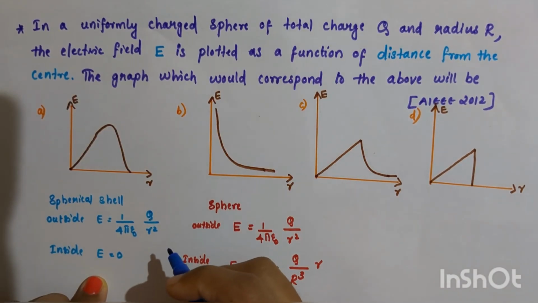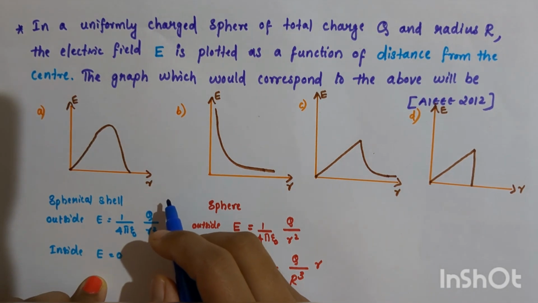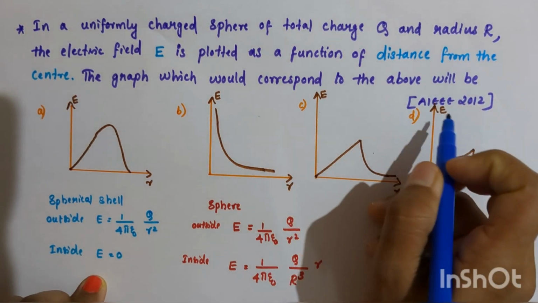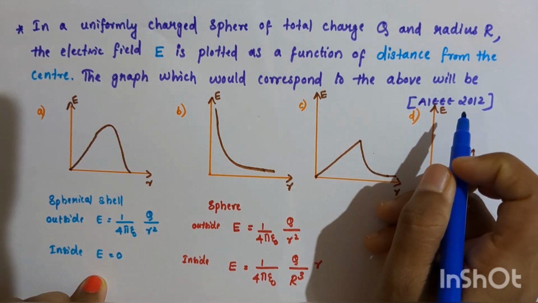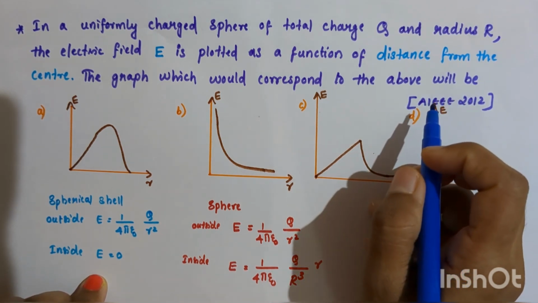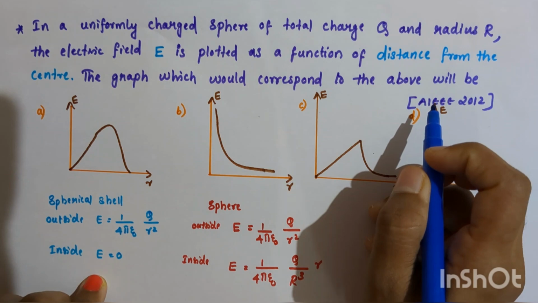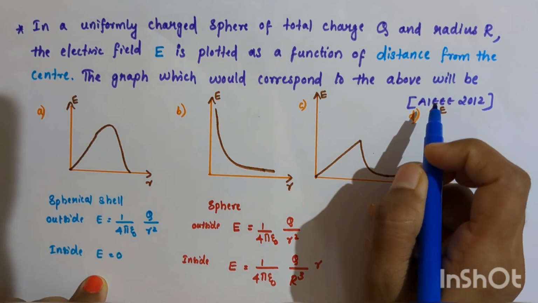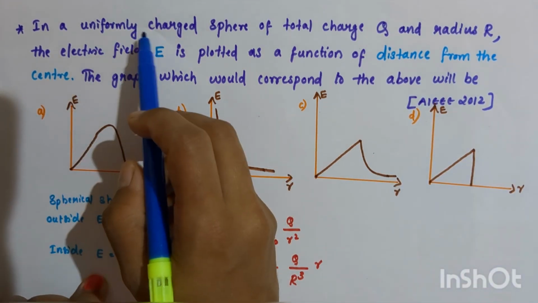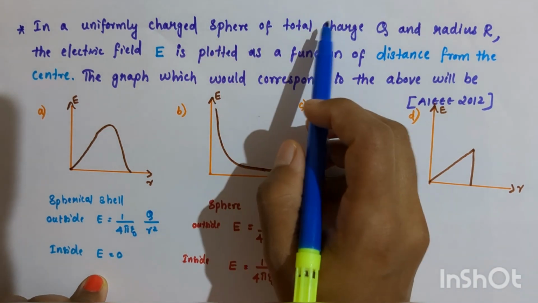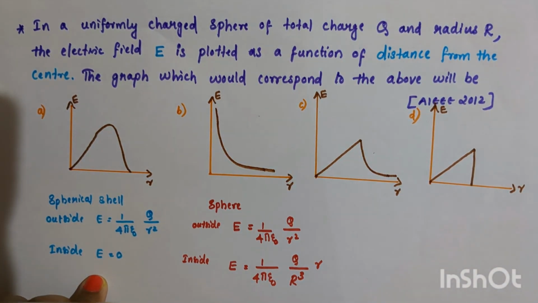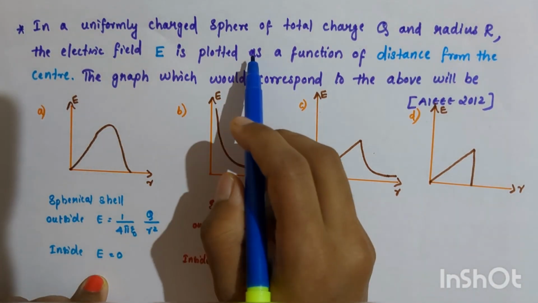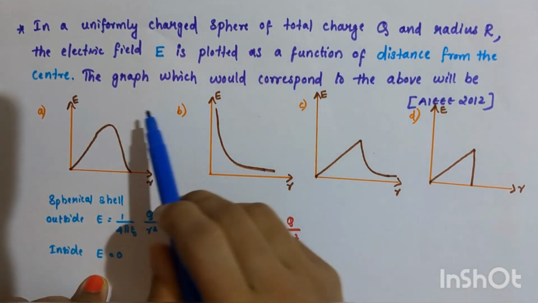Now, let us discuss the second question, which was actually asked for the JEE examination, AIEEE 2012. This question is also asked from the same chapter, electric charges and fields of class 12 physics. The question is: in a uniformly charged sphere of total charge Q and radius capital R, the electric field is plotted as a function of distance from the center.